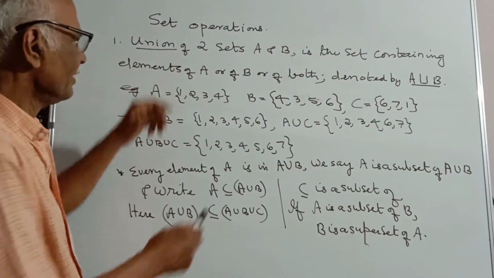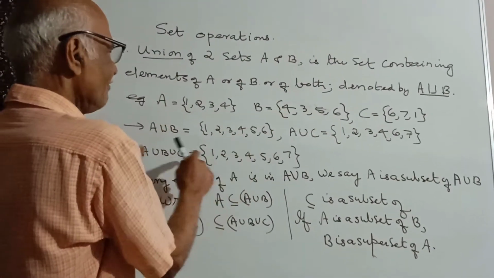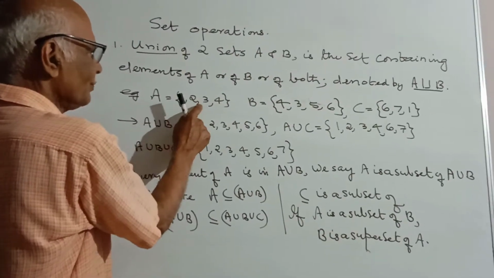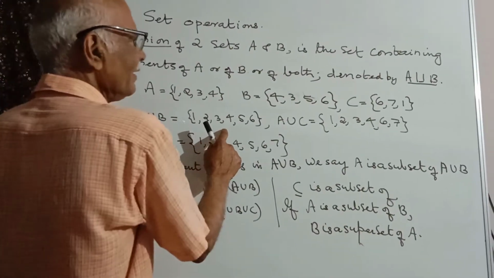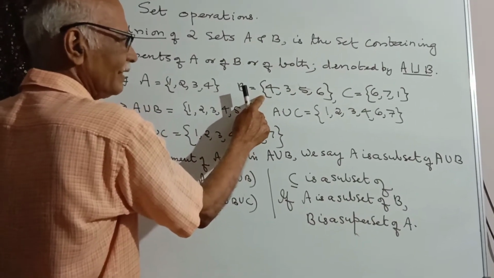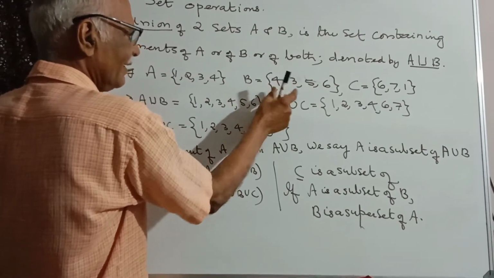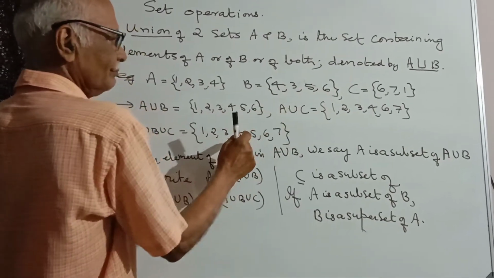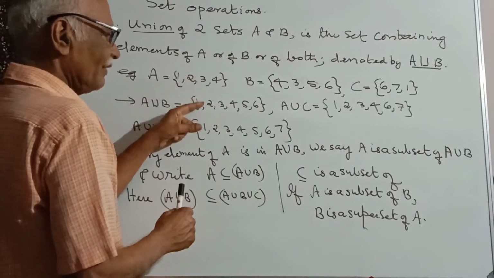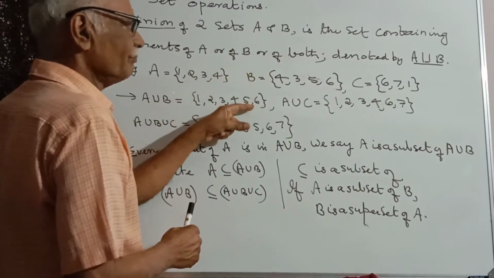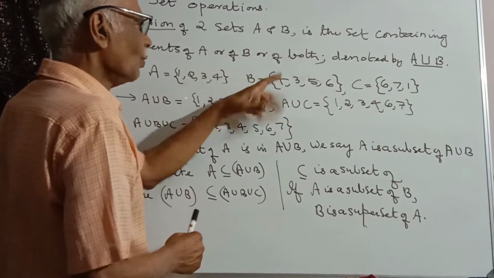Then A union B, we are comparing these. Every element of A will come there, 1, 2, 3, 4. Then elements of B will come there, but 4 and 3 are already there. So 5 and 6 come. So elements of A or of B or of both.